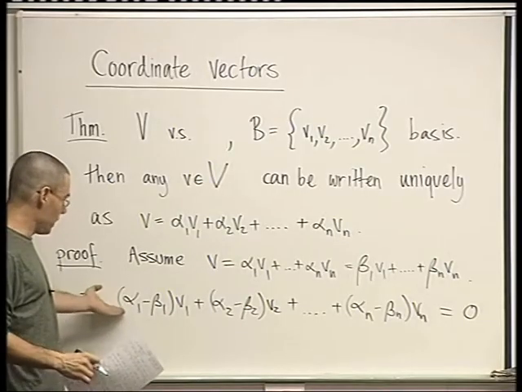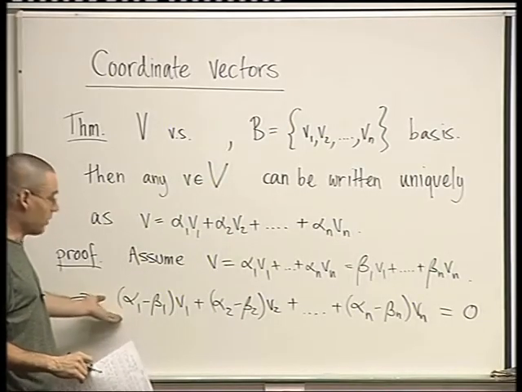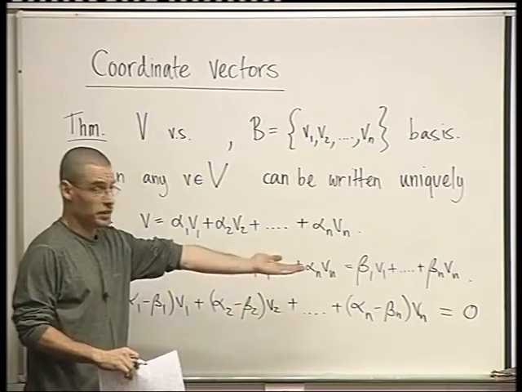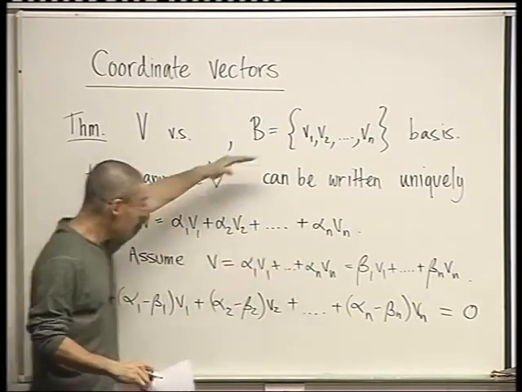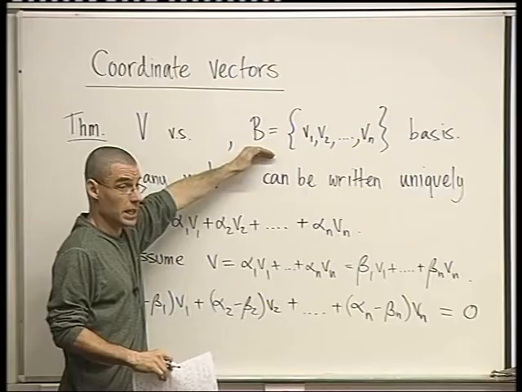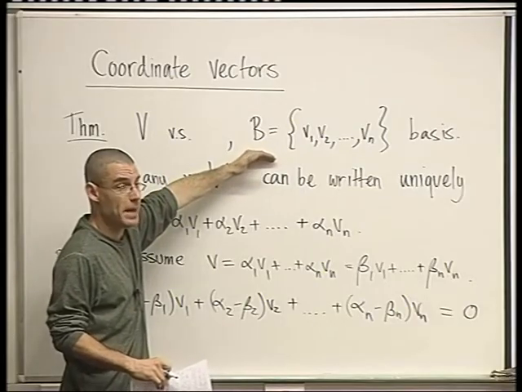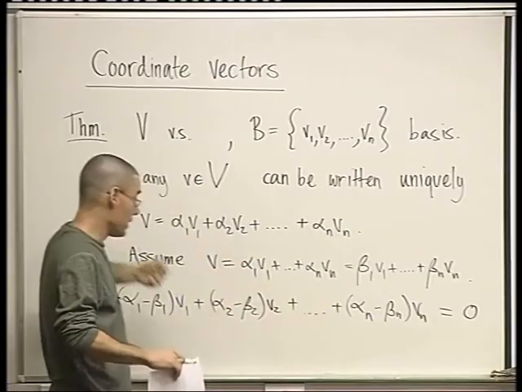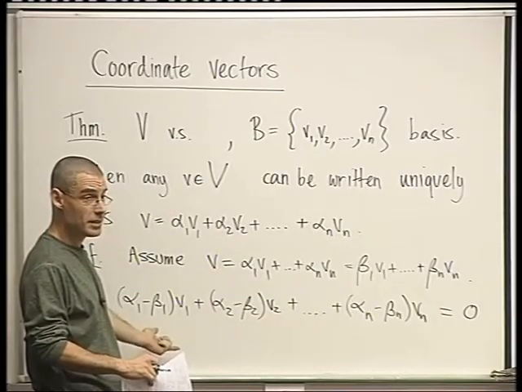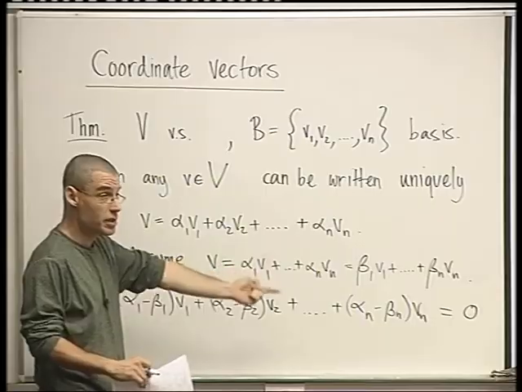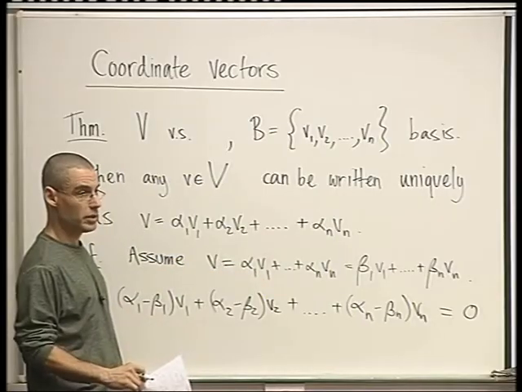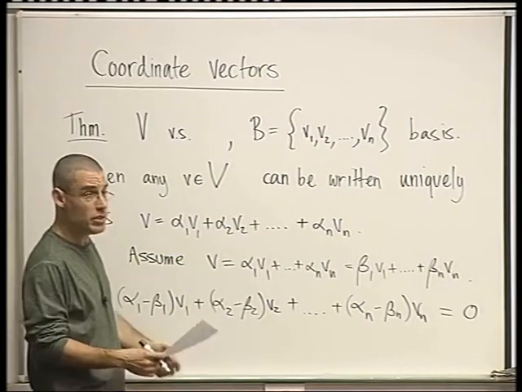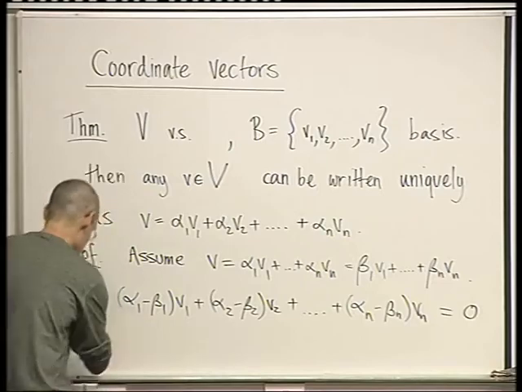But look, this is a linear combination of the VI's, which equals 0. The VI's are a basis. In particular, they're linearly independent. If you have a linear combination of linearly independent elements that give 0, all the coefficients are 0. That's the definition of being linearly independent.